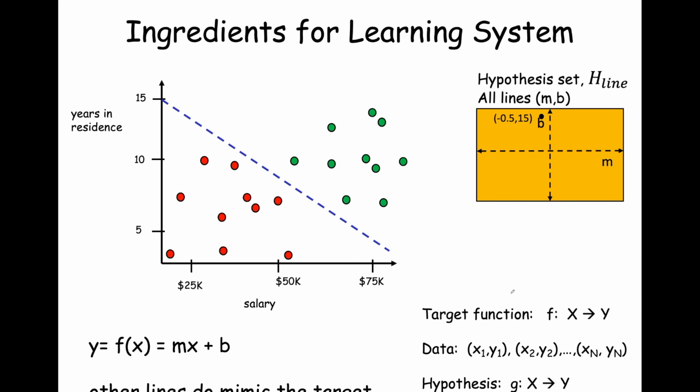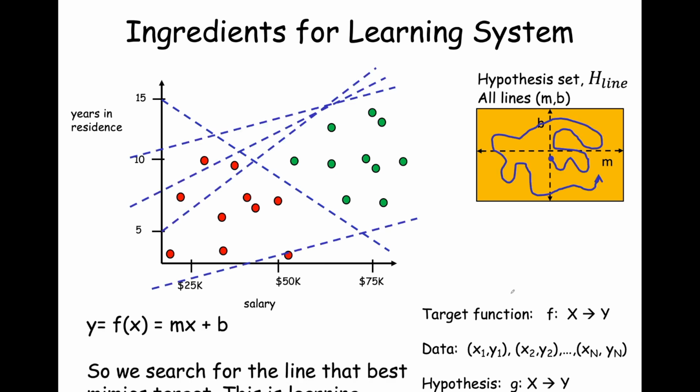The green points are separated from the red points, on one side of this decision boundary and the other side. You can also think of the positive points as being projected onto the positive side of the line, and the negative points, the red points, as being projected onto the negative side of the line.